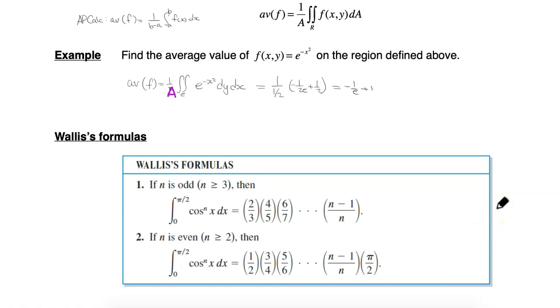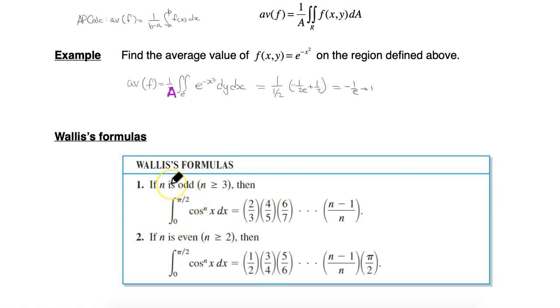Wallis's formulas. There are 2 formulas that are going to show up once in a while in the next few weeks. We don't have to memorize them, but they can be useful, and they give us the integrals of powers of cosine in very specific cases if we integrate from 0 to pi over 2.